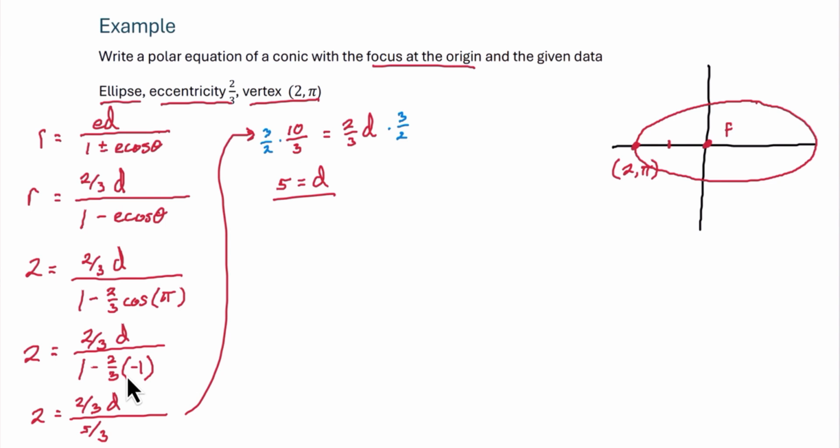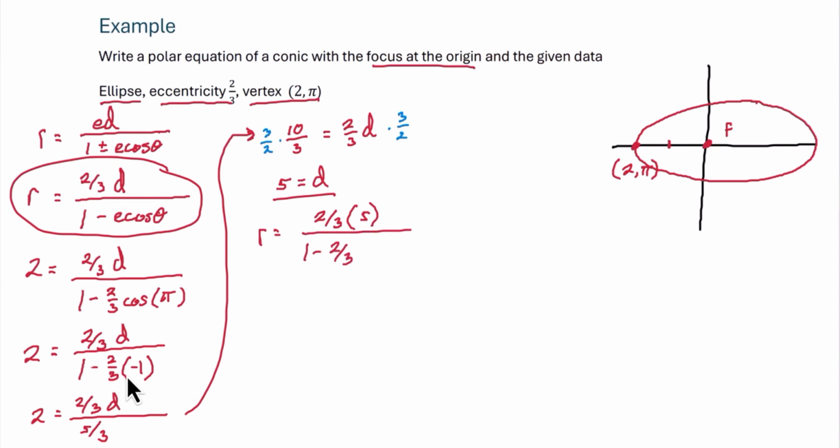Going back to the generic equation, r is equal to 2/3 times d, which we found to be 5, divided by 1 minus e, which we were told is 2/3, cosine theta. And now let's clean that up to make it a little prettier.